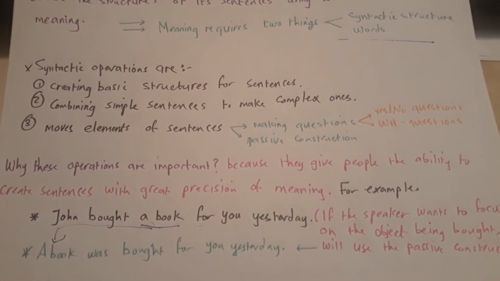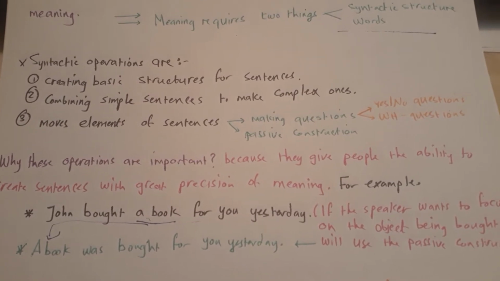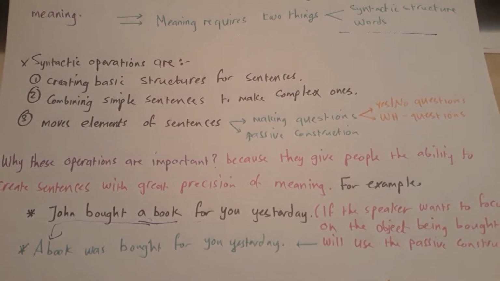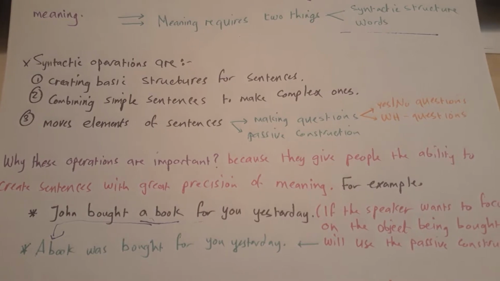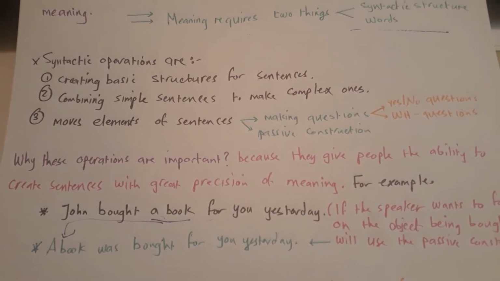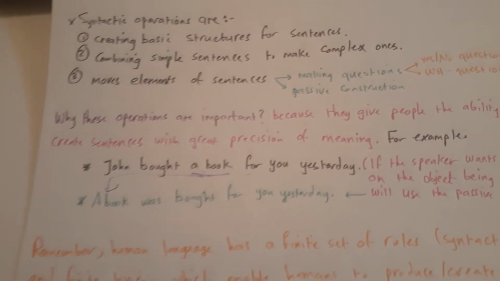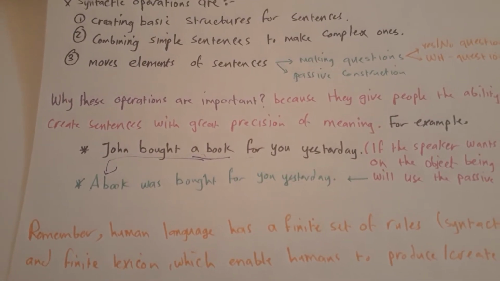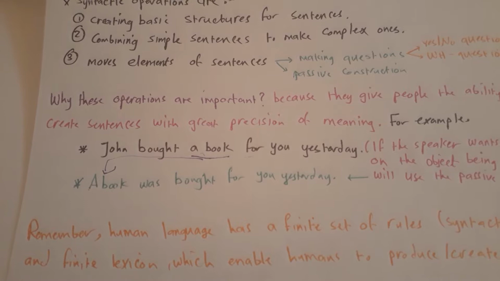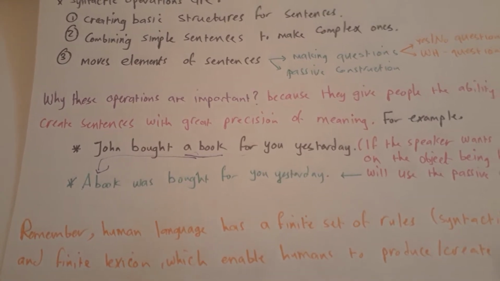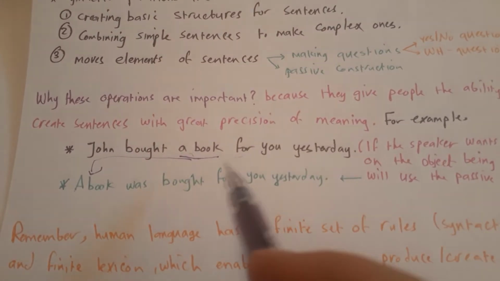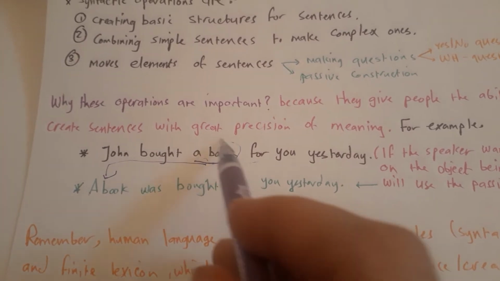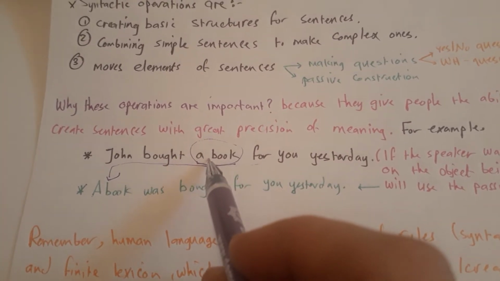Now, why are these operations important? Because they give us the ability to create sentences with different meanings. So it depends on the point we want to focus or concentrate on. For example, John bought a book for you yesterday. Now we are trying to focus on the element or the thing being bought, which is the book.